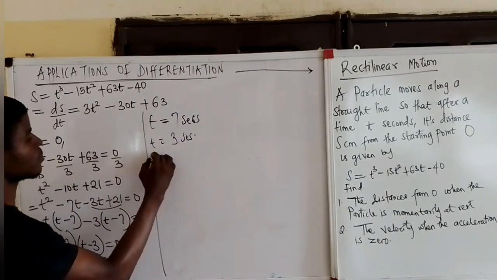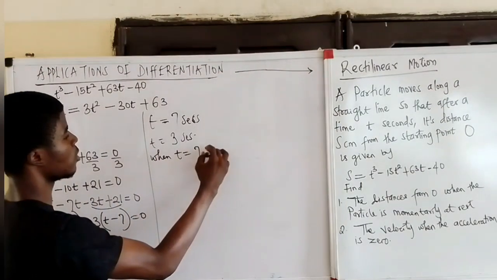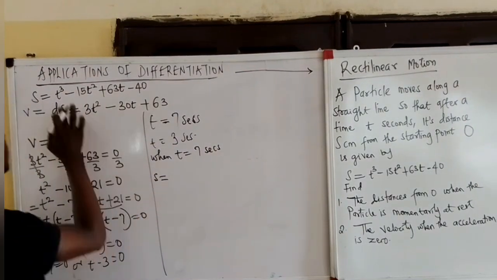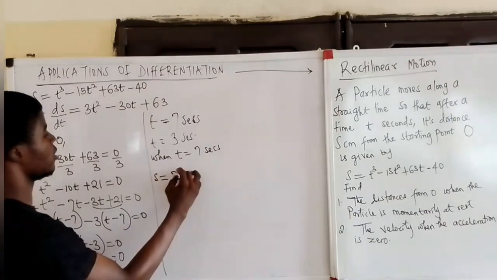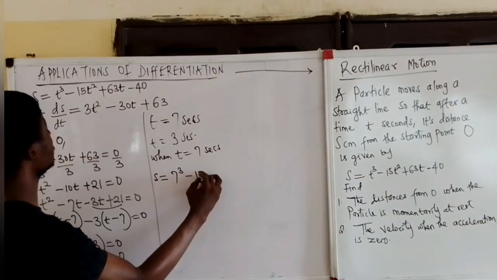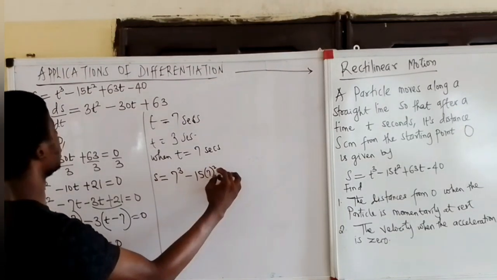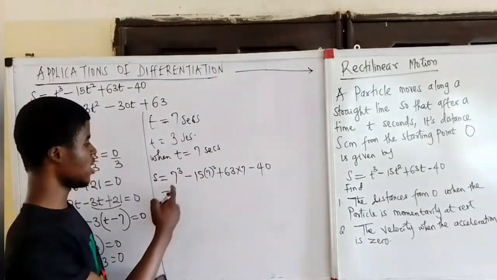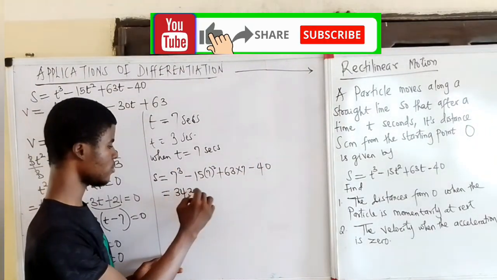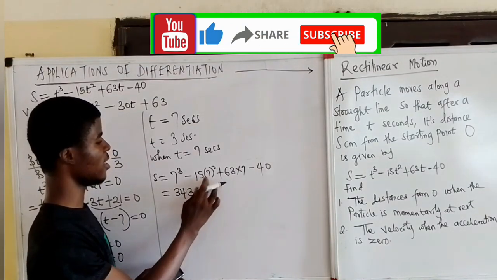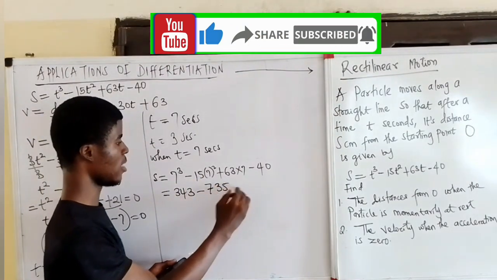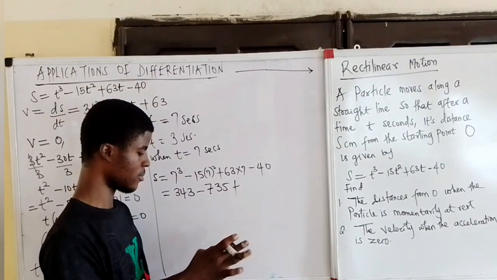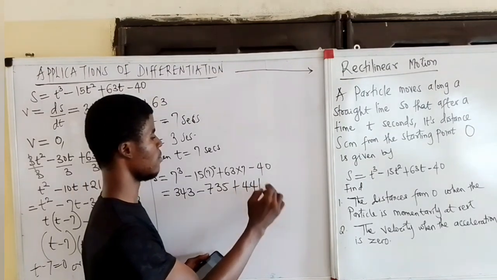So when t is equal to 7 seconds, the distance is equal to, plug in 7 here, that's 7 raised to power 3 minus 15 times 7 squared plus 63 times 7 minus 40. 7 cubed is 343. 15 times 49 is 735, plus 63 times 7, that will be 441, minus 40.